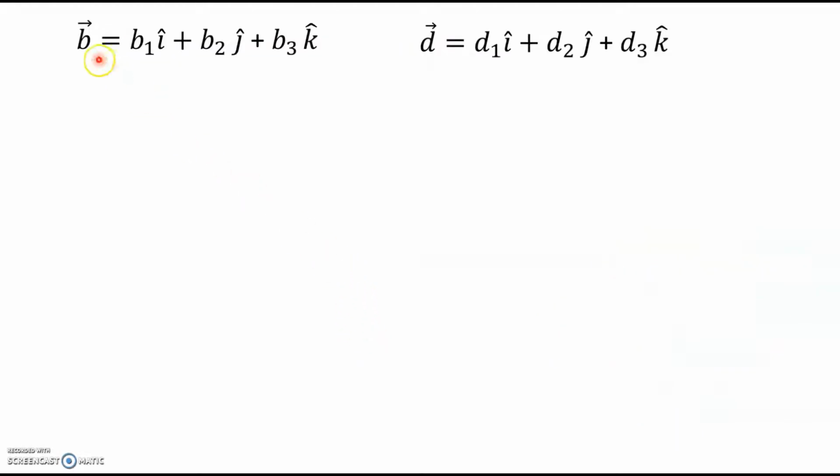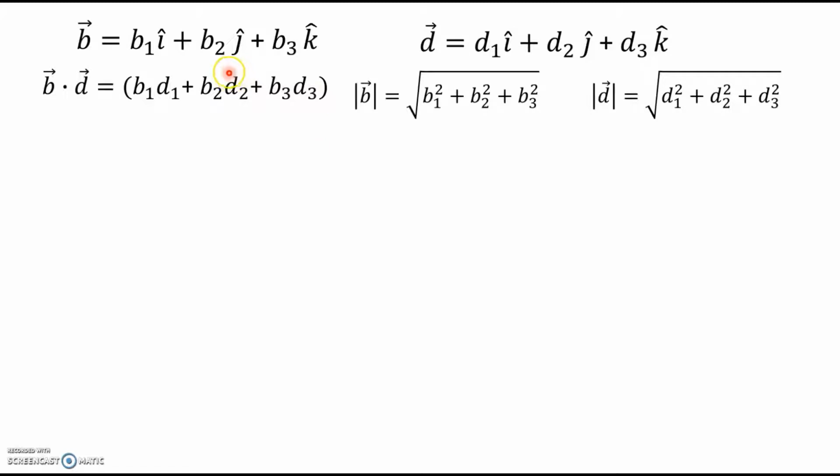Next, let's consider the vector b to be b1 i cap plus b2 j cap plus b3 k cap, and vector d to be d1 i cap plus d2 j cap plus d3 k cap. Next, we can define b vector dot product with d vector as b1 d1 plus b2 d2 plus b3 d3, using the dot product formula.